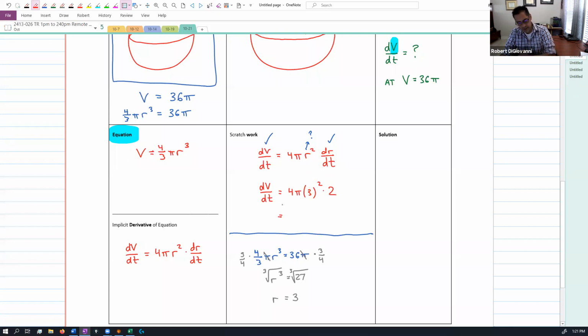So that gives me, let's see, I'm going to square the 3, get 9. 9 times 2 is 18. 18 times 4, 72. 18 times 4, right? Should be 72. Oh, I thought I heard 32. I apologize. No, 72. 72 pi, right? Should be dv dt.